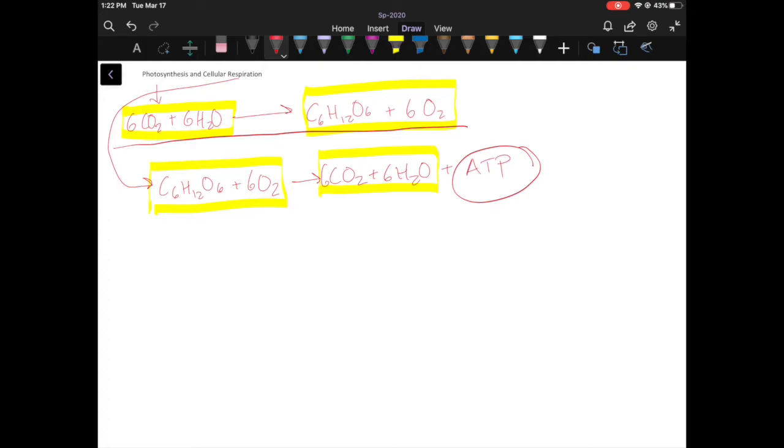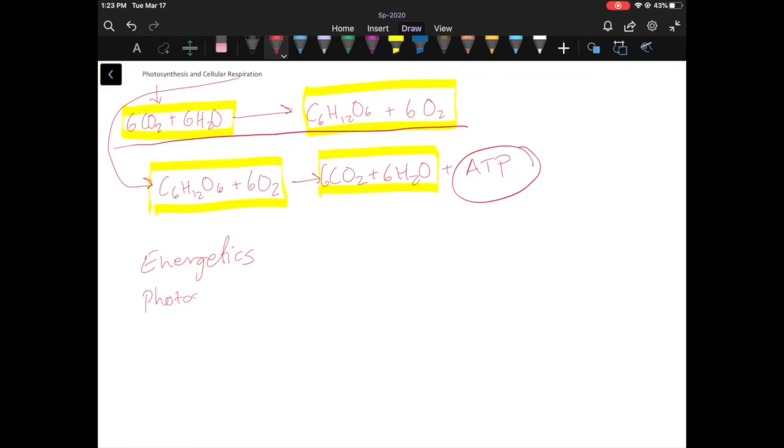Now, if we think of photosynthesis and cellular respiration in terms of energetics, we can figure out if energy is required or if energy is released in these reactions. So for photosynthesis, we're going from carbon dioxide and water, and we're building up a larger molecule.